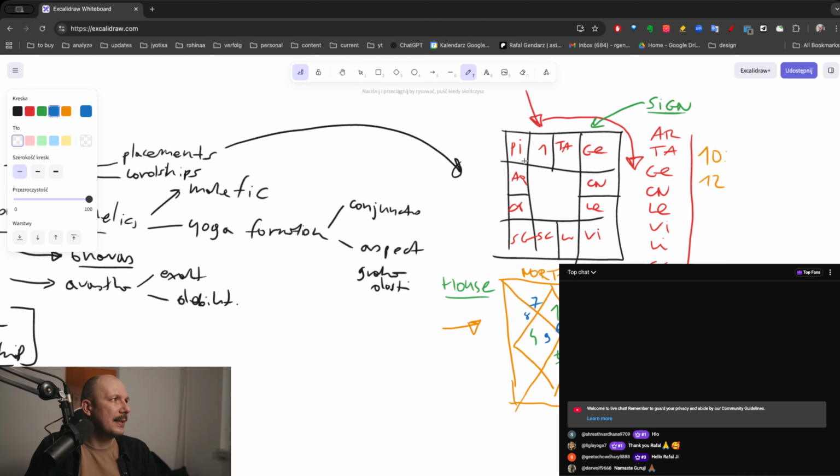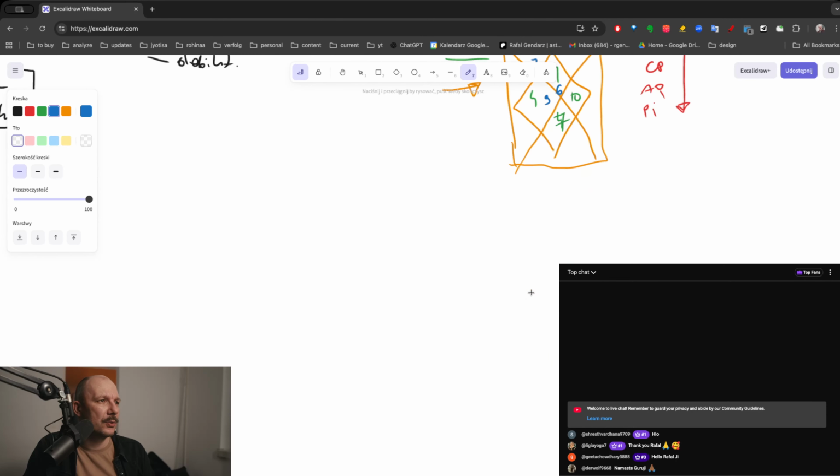And there is also a different type of chart, which is called the Eastern type of chart, or Sun chart.